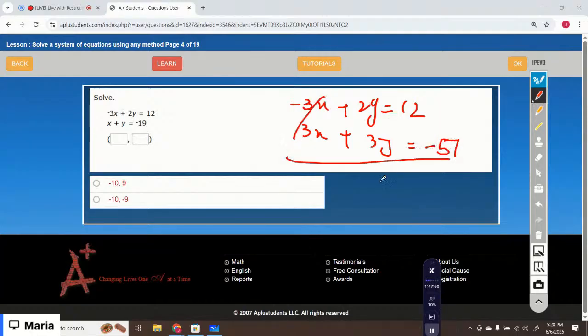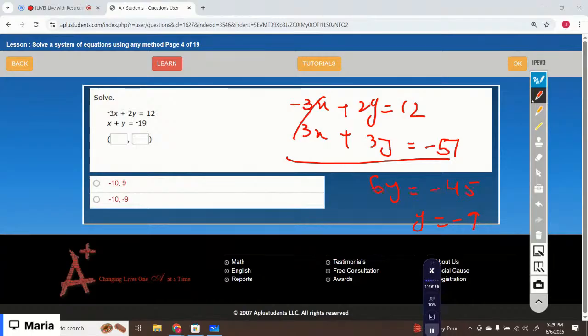So negative 3x and positive 3x cancel out. 5y equals 12 minus 57, that is negative 45. So y equals negative 9.